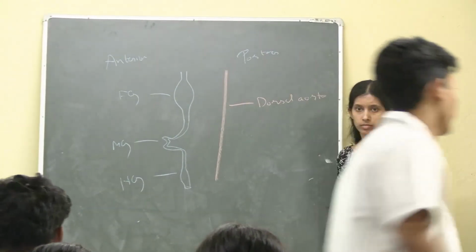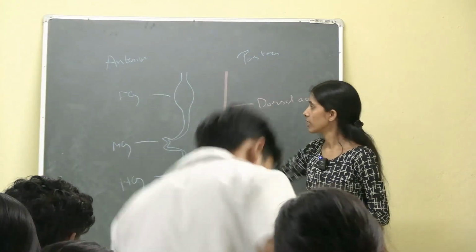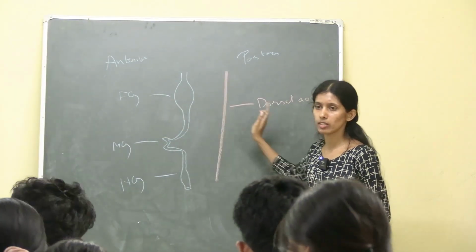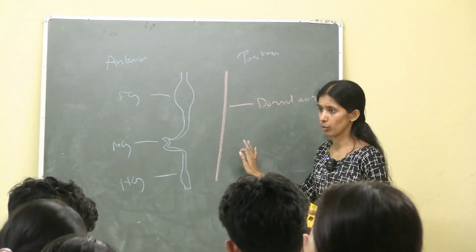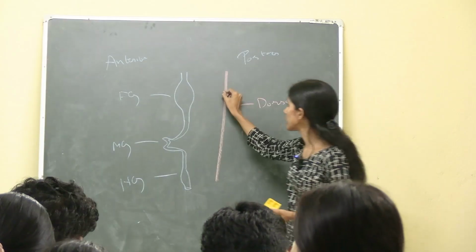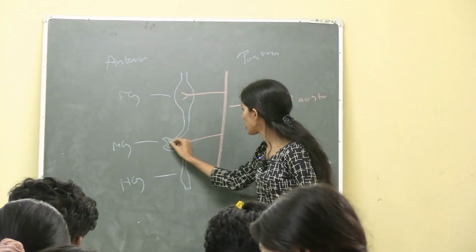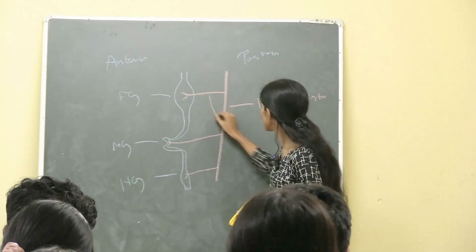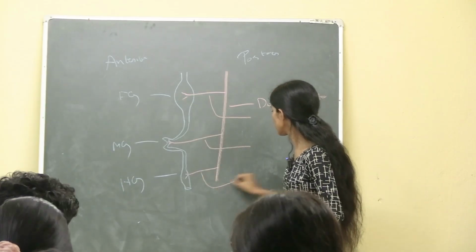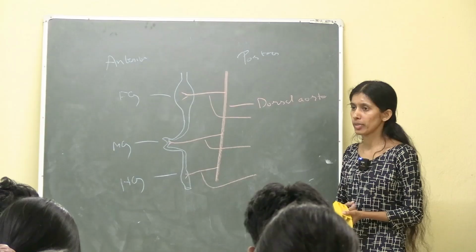We have foregut, midgut and hindgut. This is the anterior side and this is the posterior side. On the posterior side we have the dorsal aorta. Now each important branch from this supplies your gut. Any idea which arteries will supply?